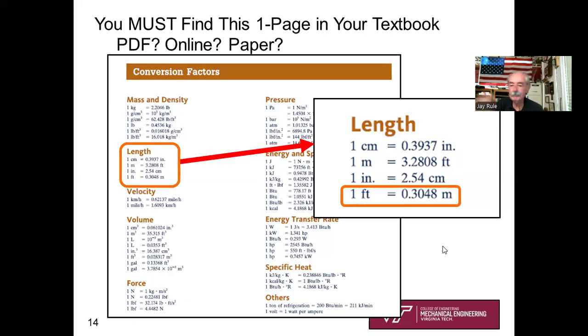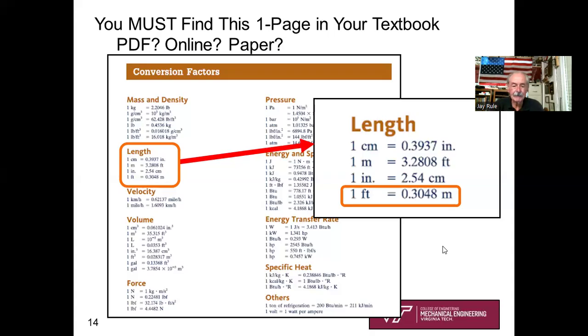Don't just keep going back online to find some link or something like that. That's going to be a killer for you in the time you spend on your homework, and you got to have some conversion factor, either piece of paper, when you're working on your quizzes and tests.